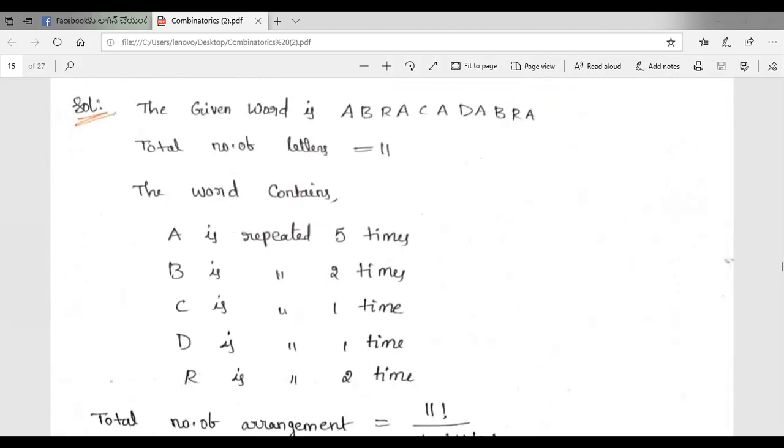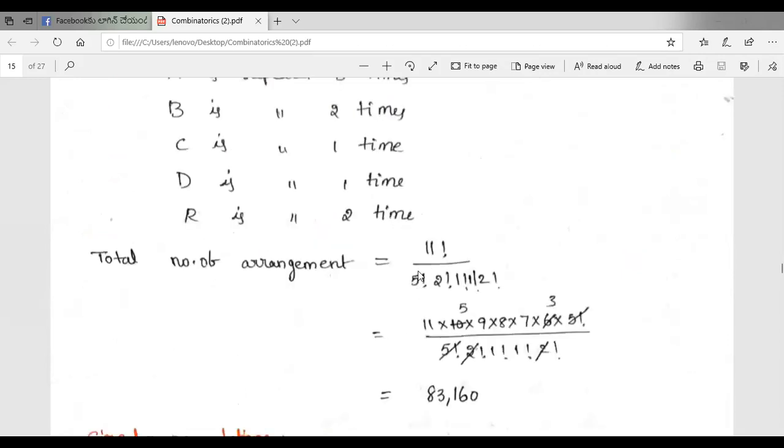So the total number of arrangements of these letters is 11 factorial by 5 factorial, 2 factorial, 1 factorial, 1 factorial, and 2 factorial. Simplifying this fraction, we get 83,160 arrangements.